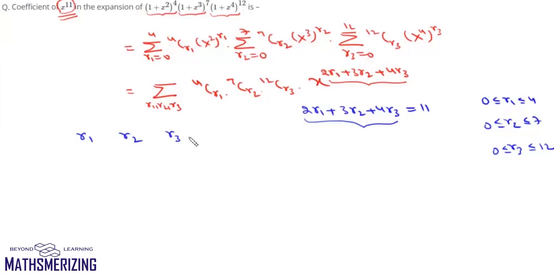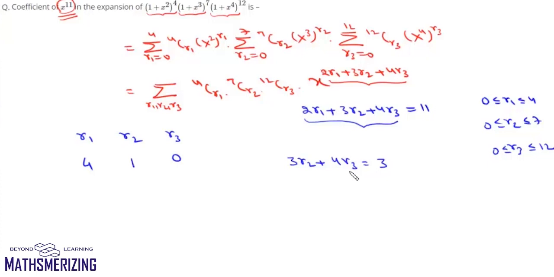Now first we'll consider the case when r1 is 4. So when r1 is 4, I'll get 3r2 plus 4r3 as 3. Now the only values of r2 and r3 possible in this case will be r2 should be 1 and r3 should be 0. Now I'll take the second case.